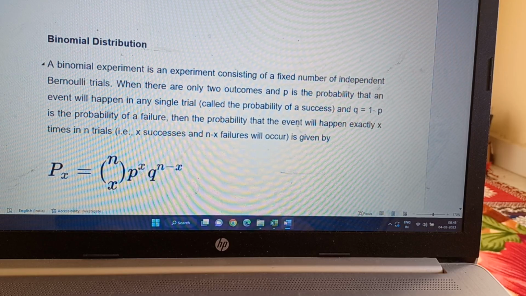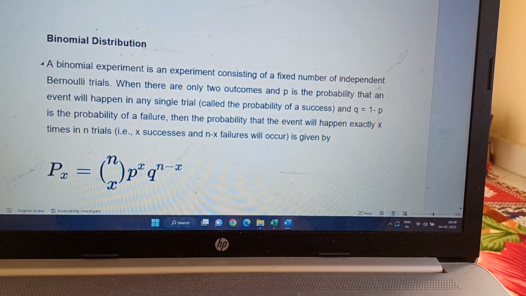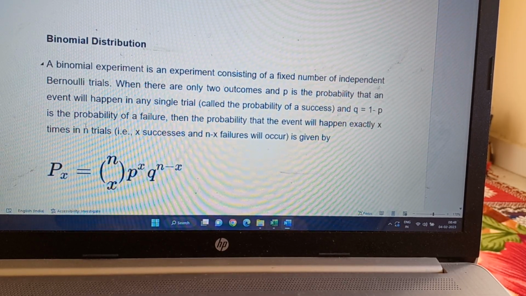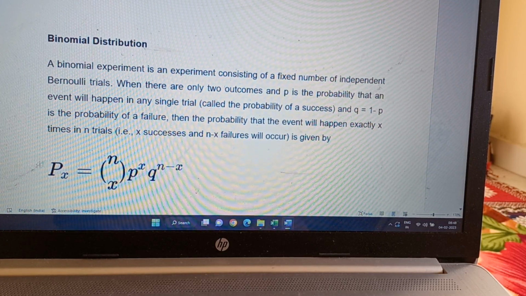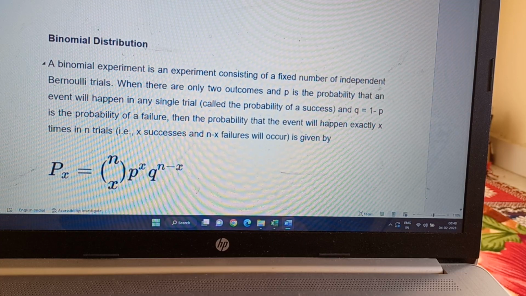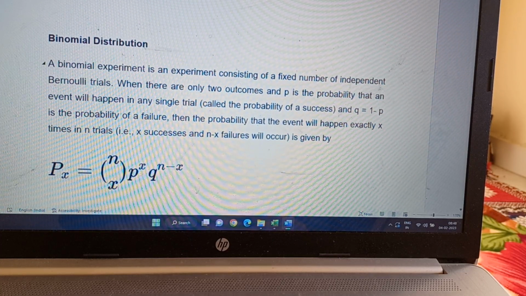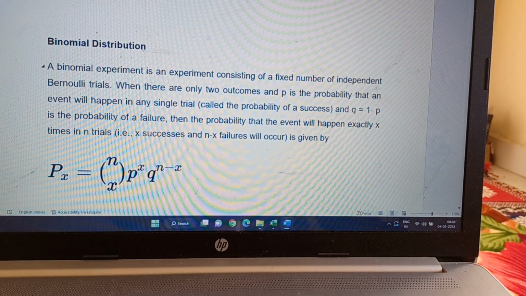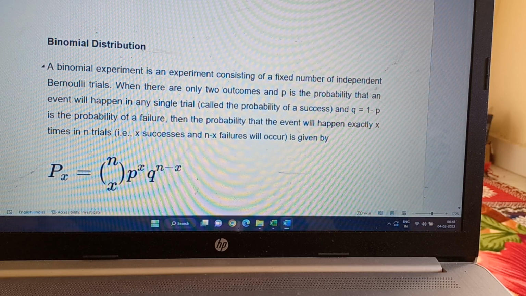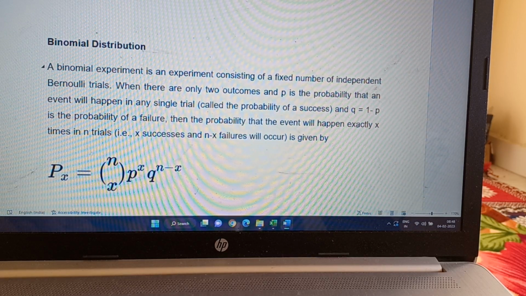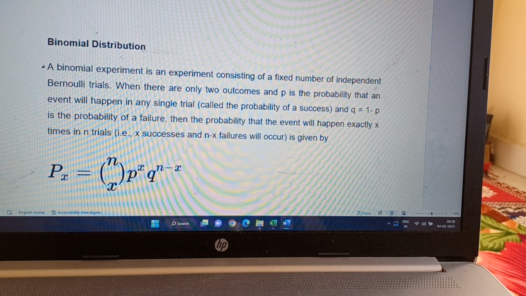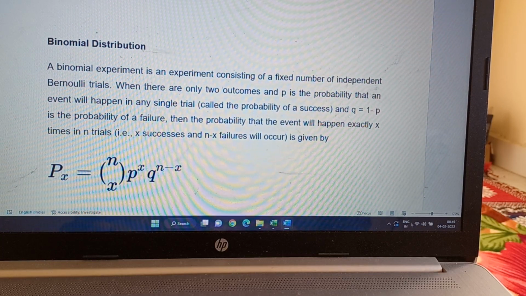So here the word exactly, and n are fixed. That is given by P(x), the probability of getting exactly x successes. The formula is n choose x, p to the power x and q to the power n minus x.